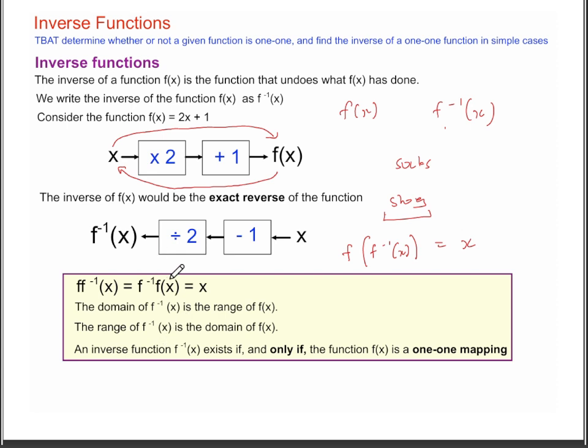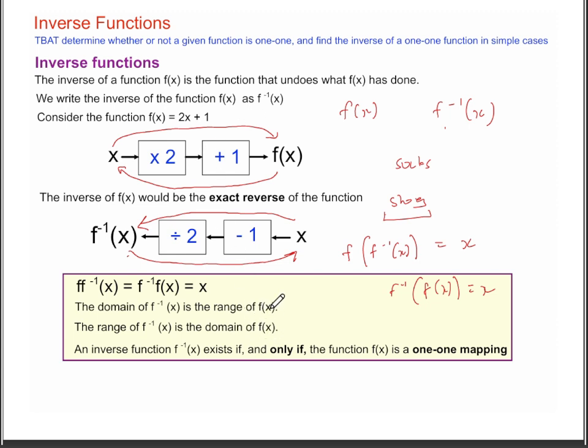The other way around is the same. You put the inverse function first, and then the original function, and you get the same thing back, because you are getting the inverse and then undoing that. So you always start off with the input you put in.